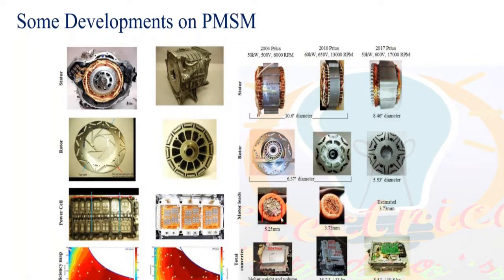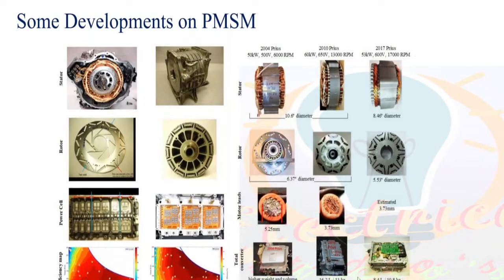Especially on the inverter part, in 2004, the inverter was able to handle 35 kilowatt per square millimeter of area. The silicon IGBT they used could handle only 35 kilowatt per mm square. But in 2010, Toyota Prius improved their motor technology and achieved 45 kilowatt per mm square.